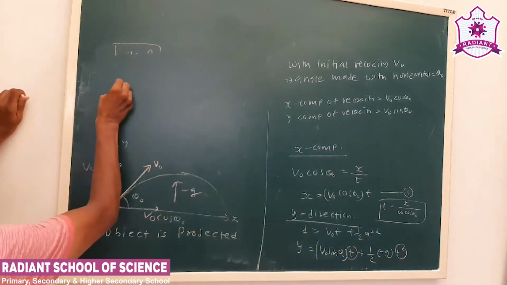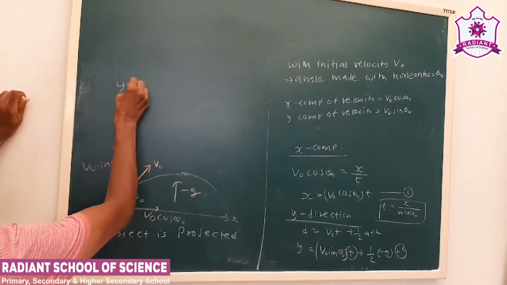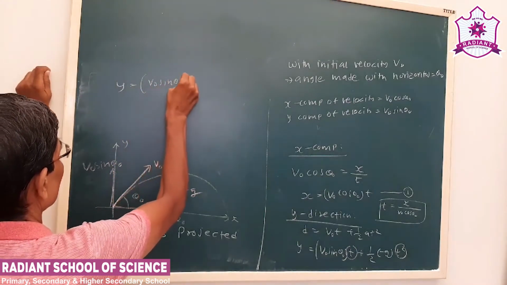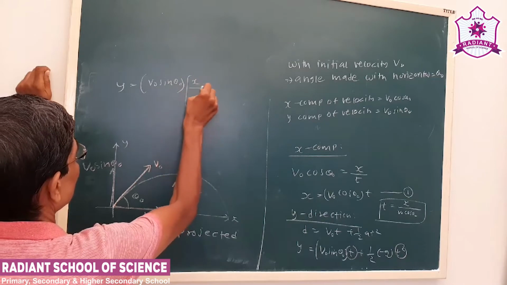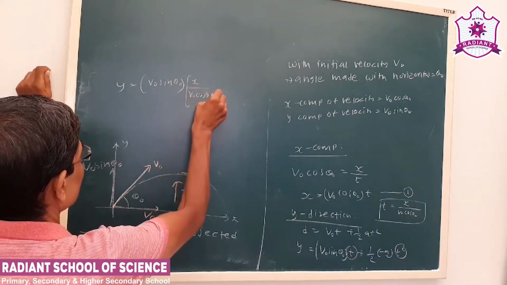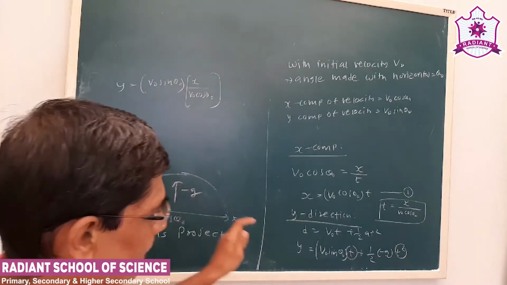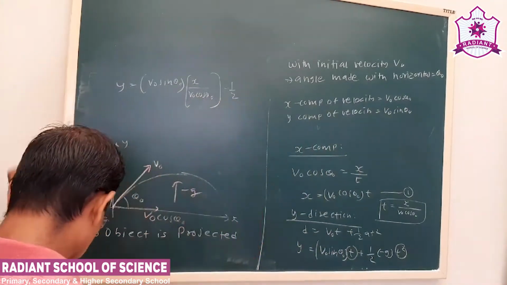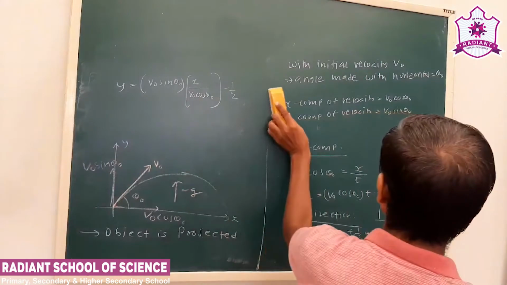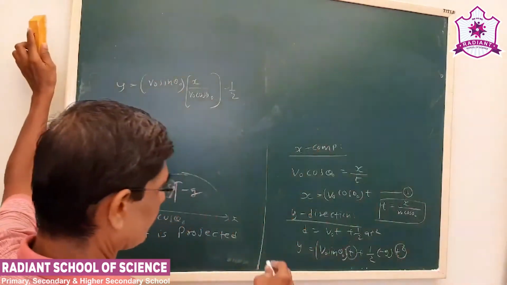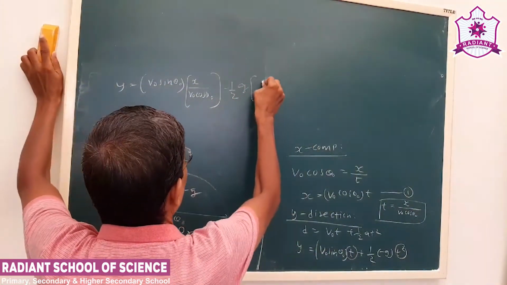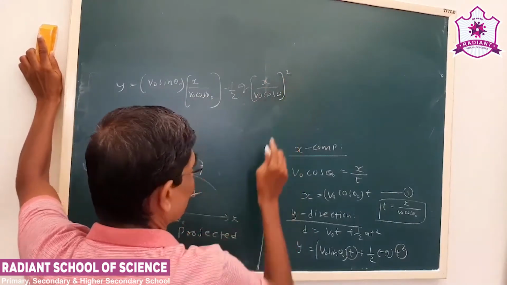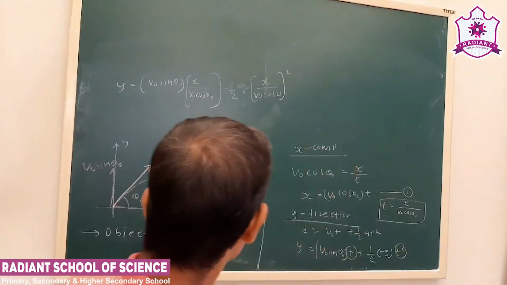So y will be v0 sine theta0 times t, where t is x upon v0 cos theta0, and the minus sign will be here, minus 1 by 2 g t square, so I substitute the values.